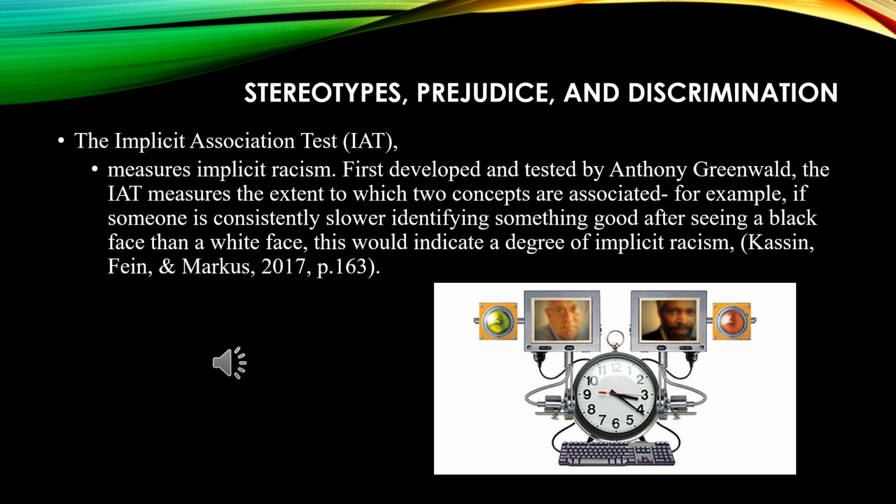The implicit association test, IAT, measures implicit racism. First developed and tested by Anthony Greenwald, the IAT measures the extent to which two concepts are associated. For example, if someone is consistently slower identifying something good after seeing a black face than a white face, this would indicate a degree of implicit racism.